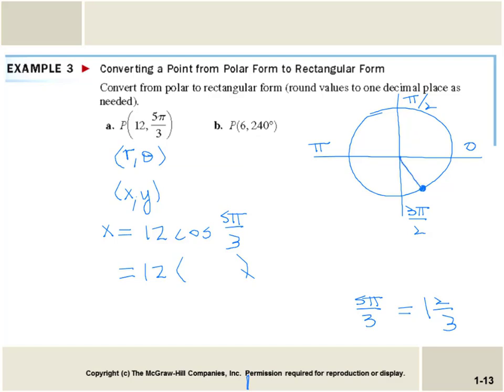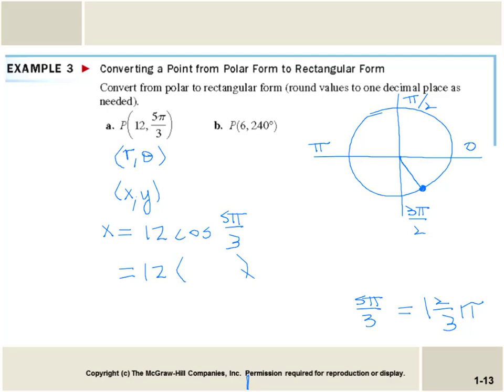What's the reference angle? Okay, red one. I'll give you another chance. Let's let Michael answer these. Pi over 3. Good.